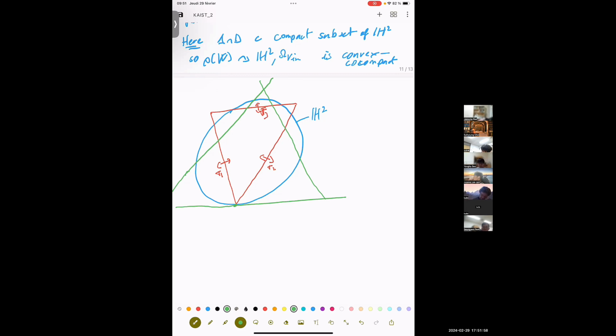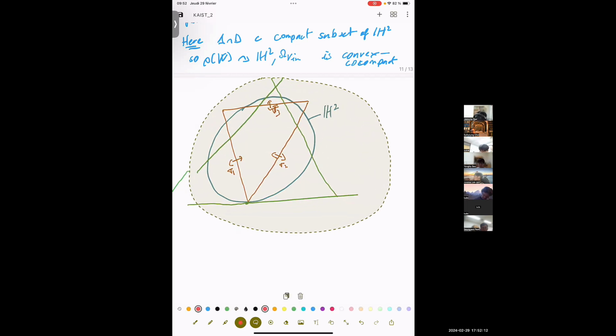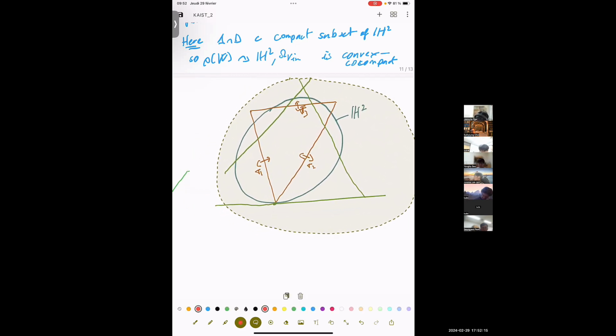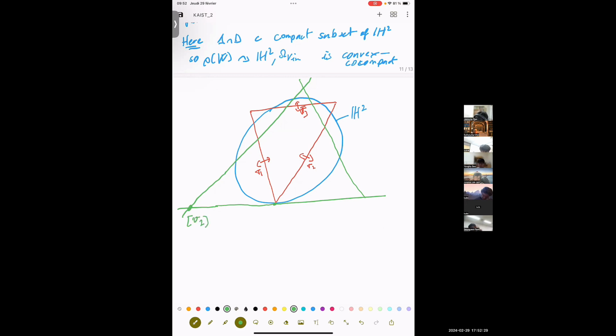Okay, and for the same reason, we know that, okay, let me put my picture correctly. So this point is V1. This point is V3. And this point is V2.